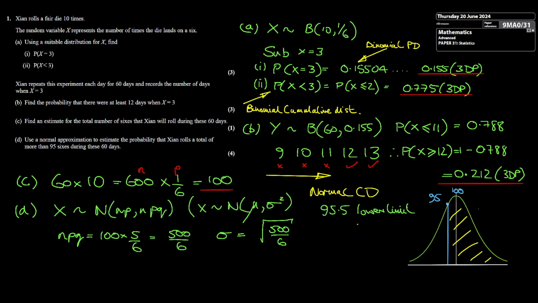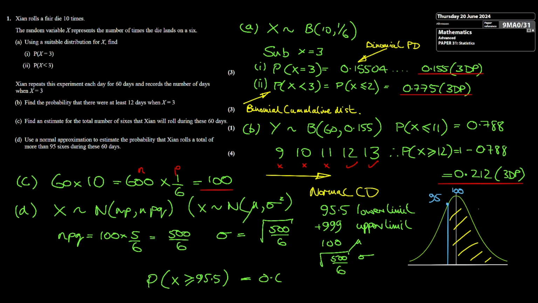The upper limit can be plus 999, way up here. The mean is 100, and sigma will be the square root of 500 over 6. So the probability of x being greater than 95.5, all these values into a calculator, and we get 0.689, and that is to 3dp. And that's the answer to part D.